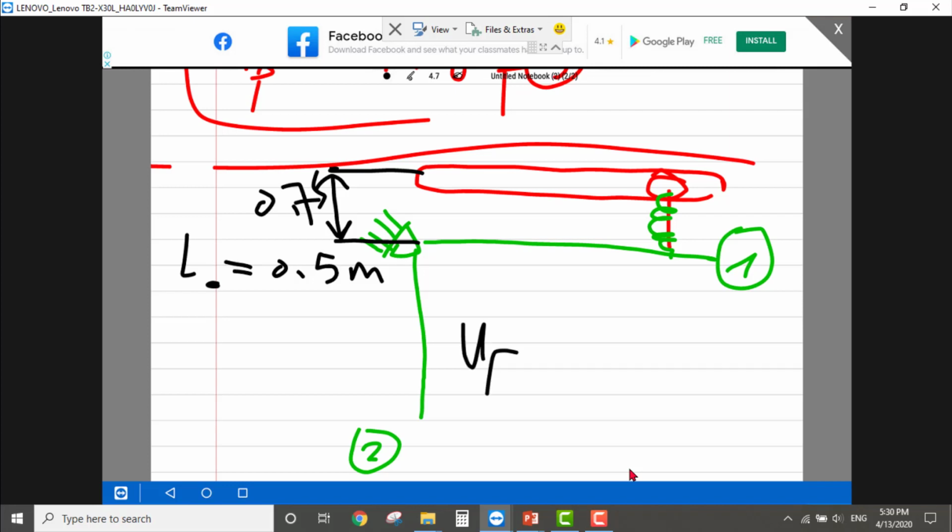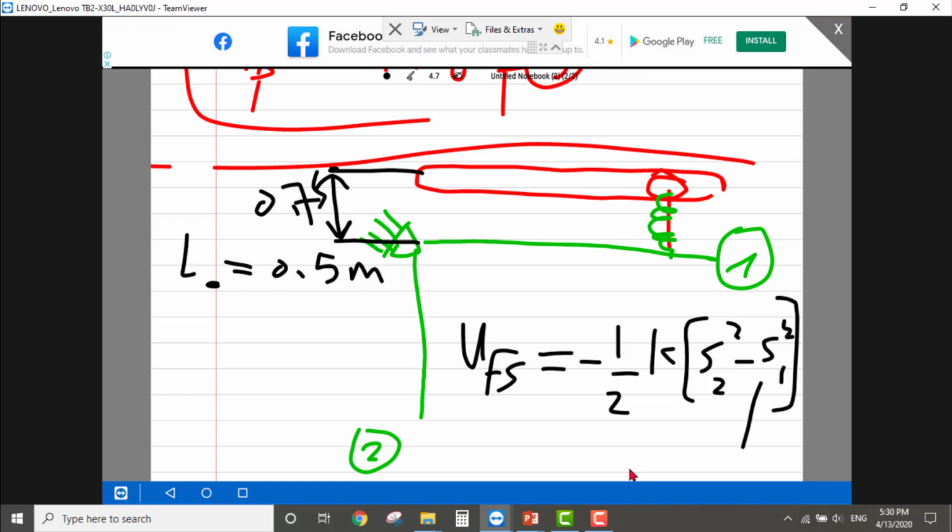Because you know that the work due to spring force is always minus half k, S2 squared minus S1 squared. This is the stretching in state 1, and this is the stretching in state 2. And this is the stiffness. Remember this equation from the slide.